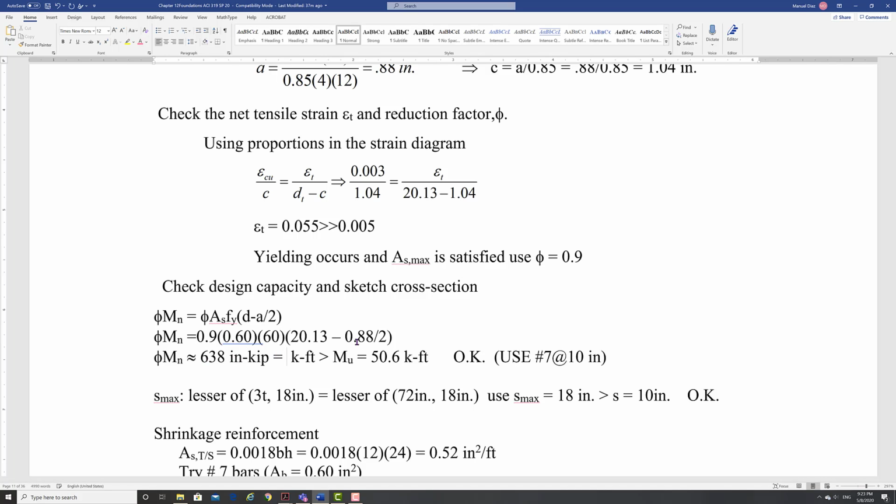So number 7 at 12 inches works, and we'll be okay.